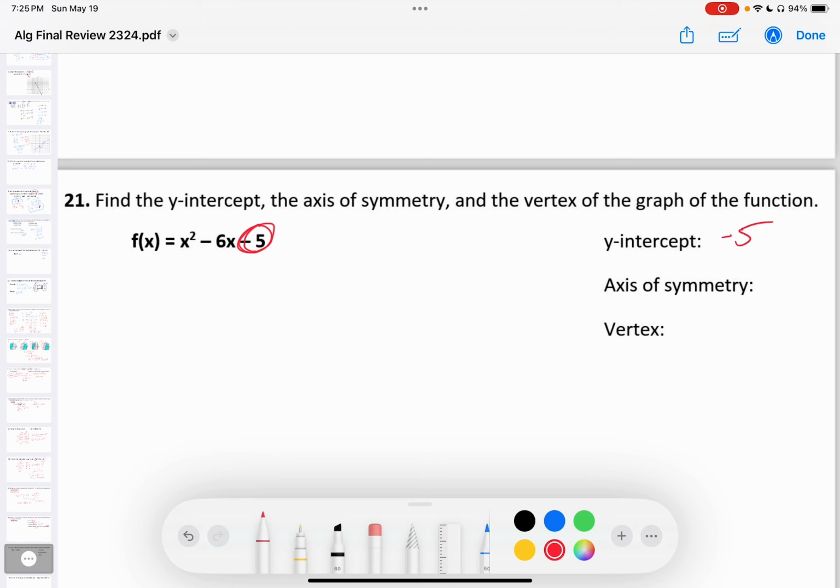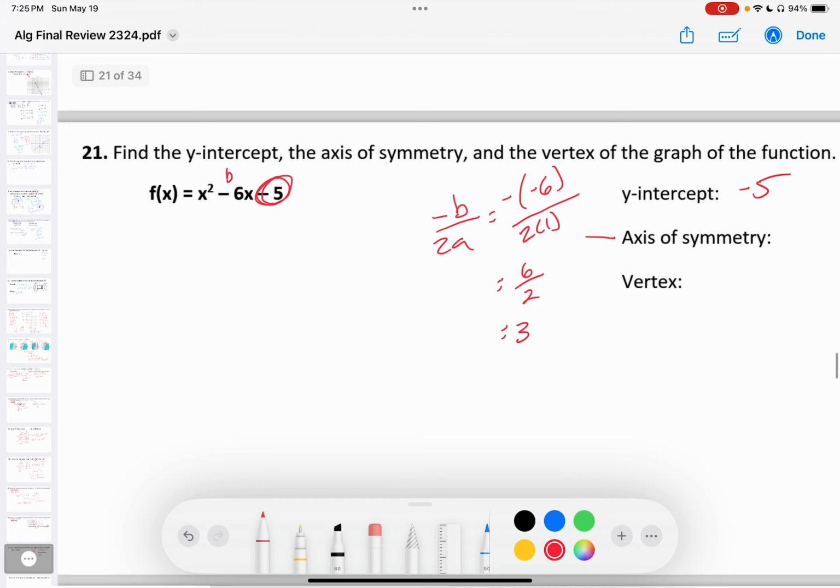Our AOS, we got to do a little bit of work for that. That's going to be our negative b over 2a expression, or the opposite of b over 2a. Our b value is negative 6. So I'm going to put this as negative 6 over 2 times my a value, which is 1. Double negative up top becomes positive, so positive 6 over 2, which becomes 3. So axis of symmetry is x equals 3.